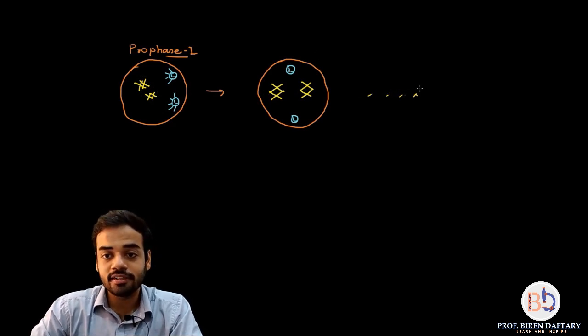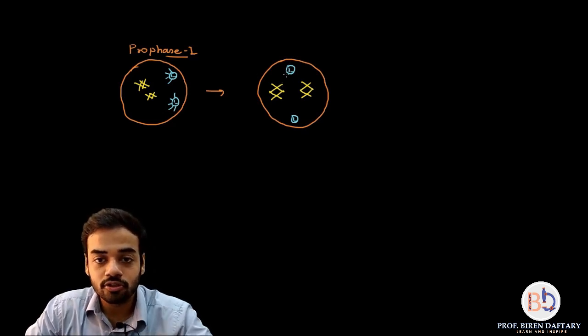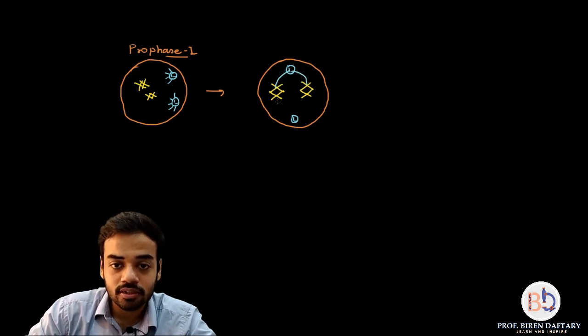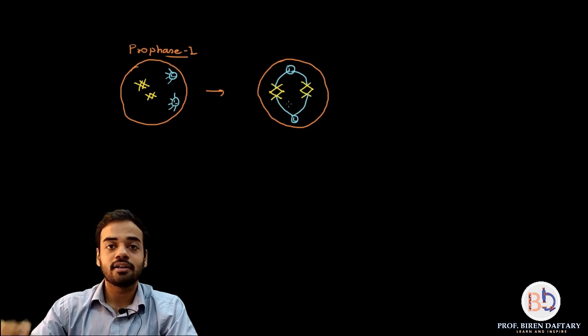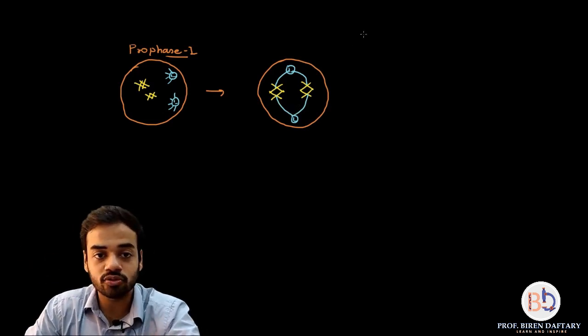Now, what else will happen? You have to show the spindle fibers or the microtubules. The spindle fibers will go and attach to the centromeres of the respective chromosomes, okay? And if you remember, to the centromere are attached proteins called kinetochores.